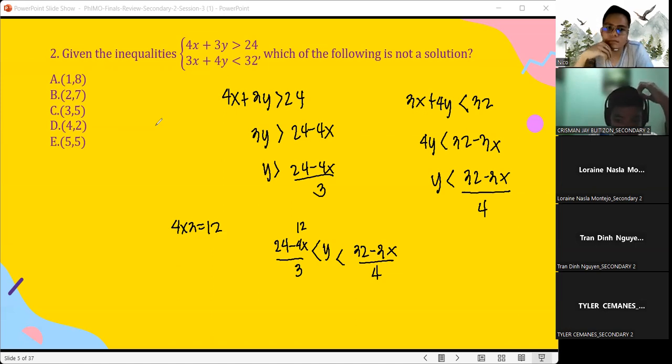It's lesser than. Looking up for the solution. For sure it's going to be testing because you already have 1, 2, 3, 4, 5. You already have the points here. Looking for the solution, not a solution. This one's an error.